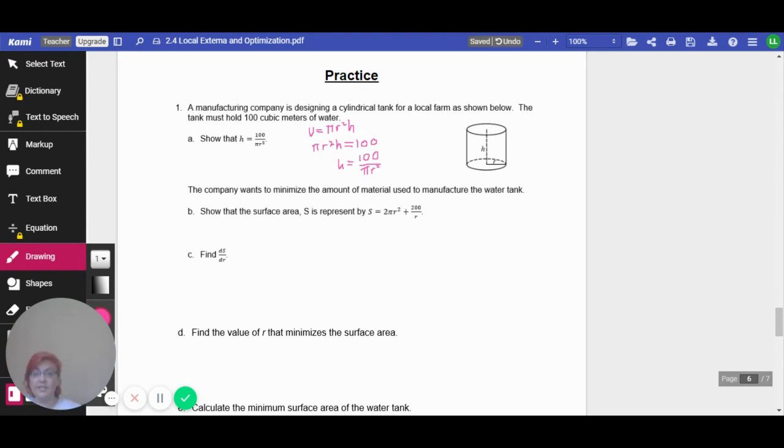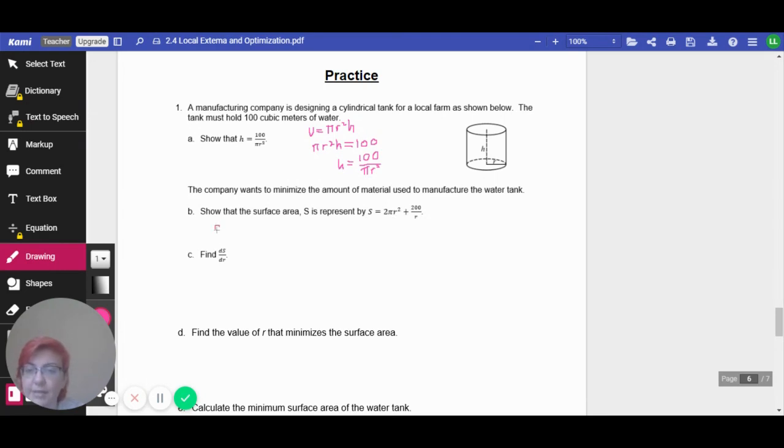Now, this is for a manufacturing company designing a cylindrical tank for a local farm. That constraint tells us the tank must have a volume of 100 cubic meters of water. We want to minimize the amount of material used to manufacture the water tank. So we need to show that the surface area is represented by this equation.